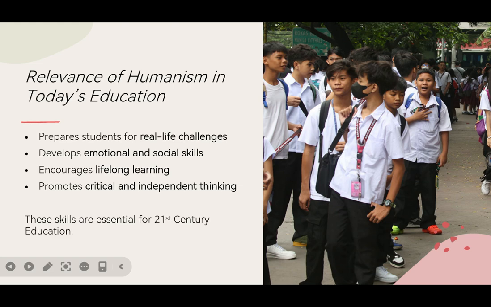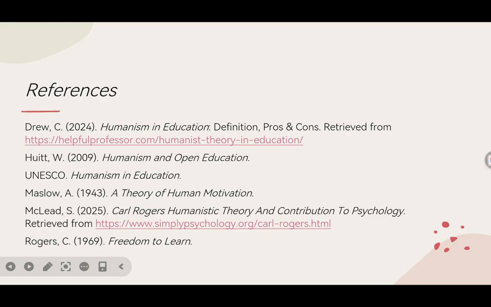So to sum it up, humanism is a powerful educational approach that focuses on the whole learner, not just academic performance. It prepares students for real life by developing not only knowledge but also emotional and social skills. In today's world, where creativity, independence, and critical thinking are essential, humanism remains highly relevant in education.